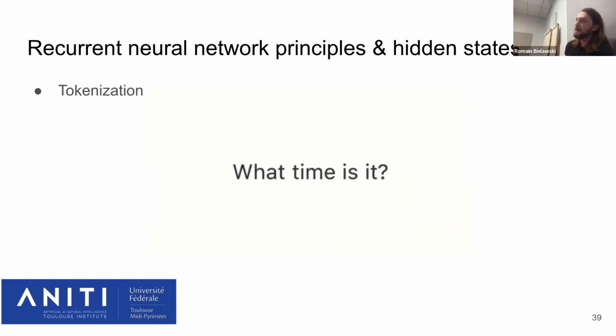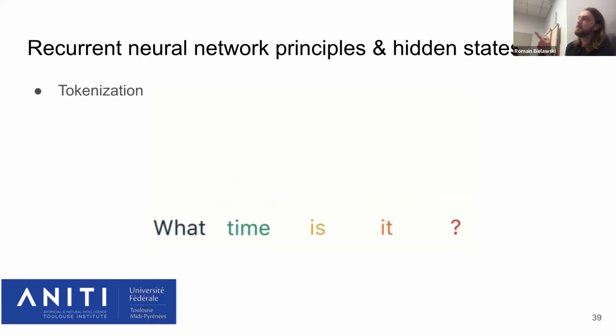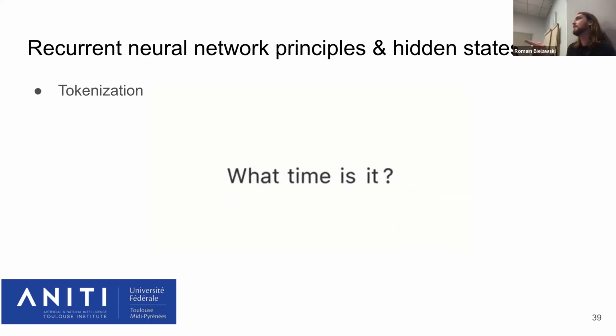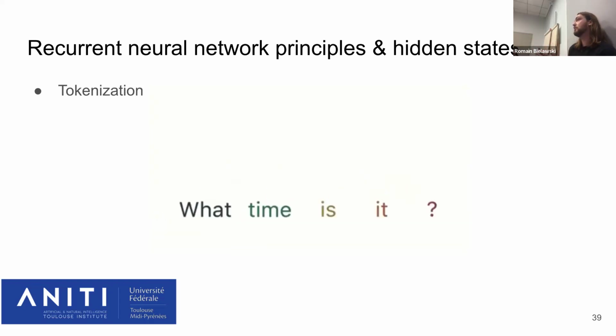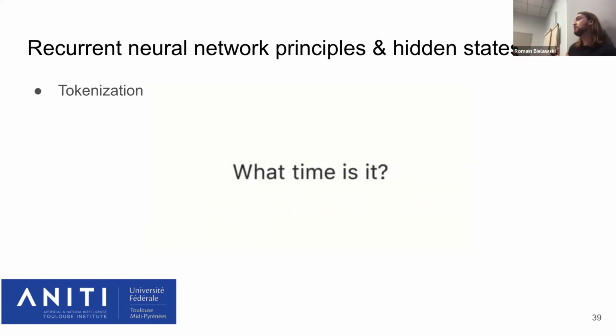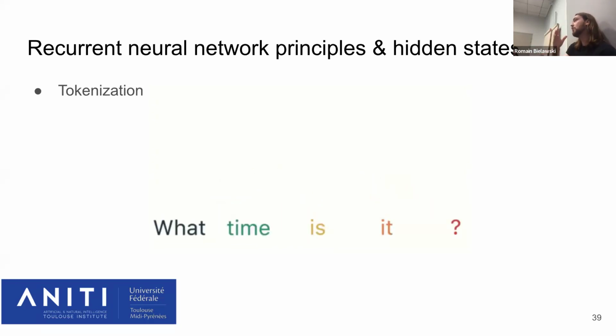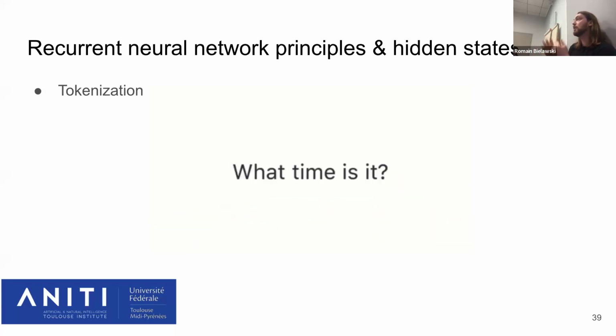I think you've seen that in the previous classes. That would be tokenization, which is basically turning the sentence into a series of what we call tokens. It could be words and punctuation, but it can also be more complicated than that, like radicals and endings of words.